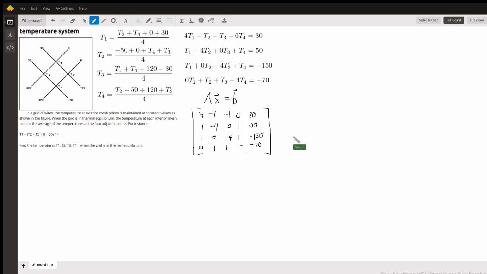And to solve this matrix, we are going to make this into row reduced echelon form to give our result of our identity matrix.